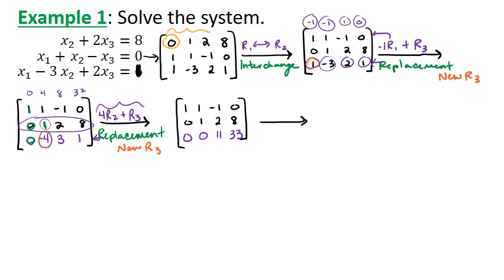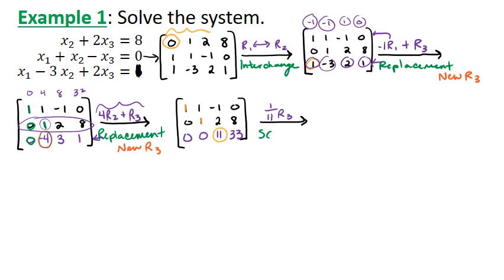Now, we want to have ones at the diagonal. I have one here, I have one here. I want to make this a 1. And the way I'm going to do that is by scaling. All I'm going to do is take row 3 and divide it by 11, or 1/11 times row 3.